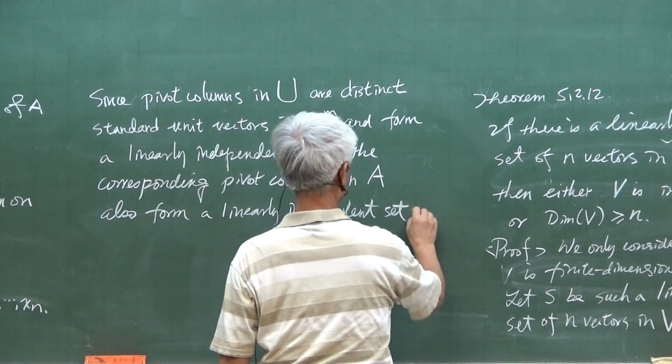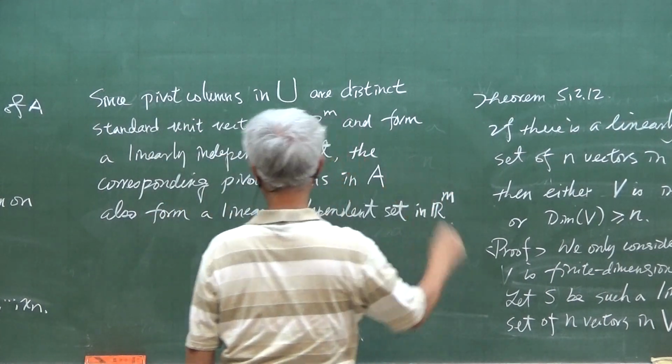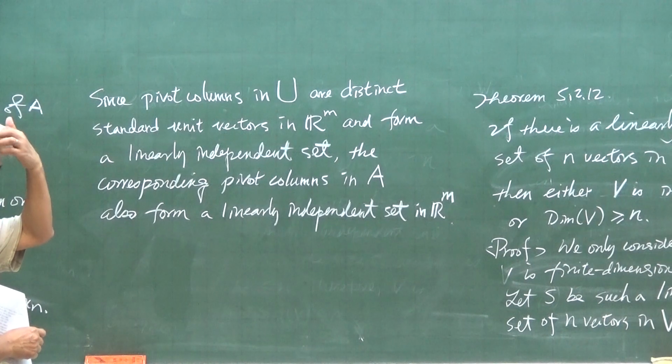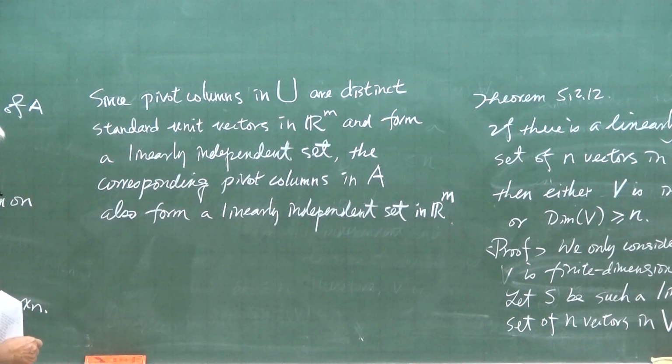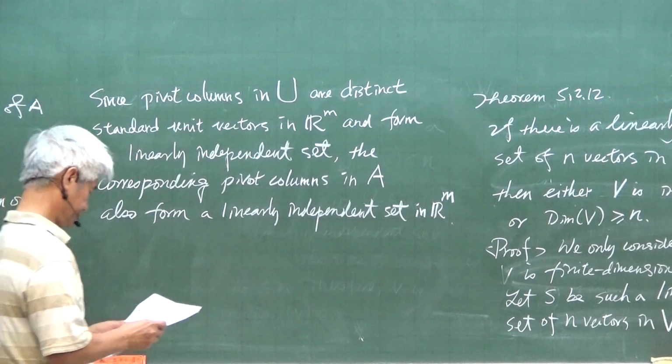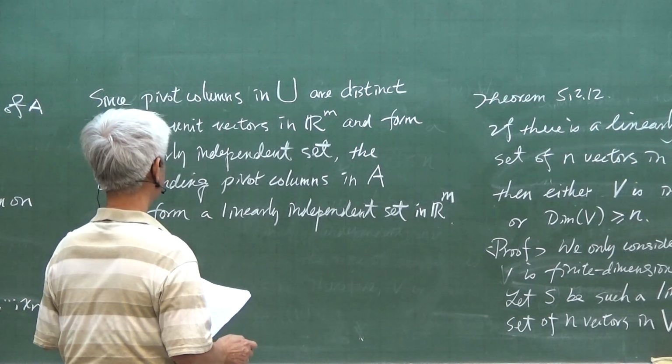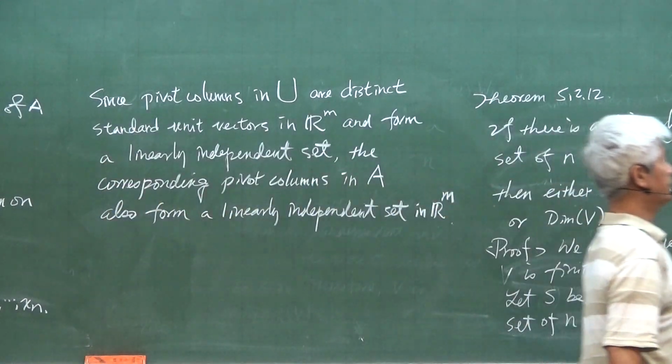Okay? Okay? So that is because they have the same corresponding linear relations. Okay. Up to now, any questions? So we have this one. Right. So the pivot columns form a linearly independent set.